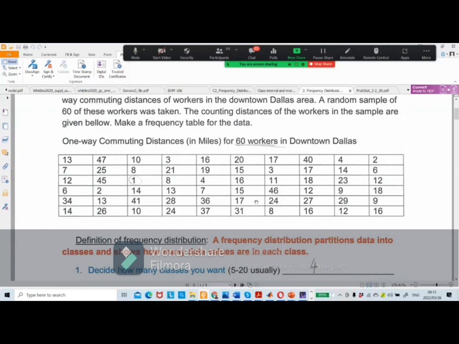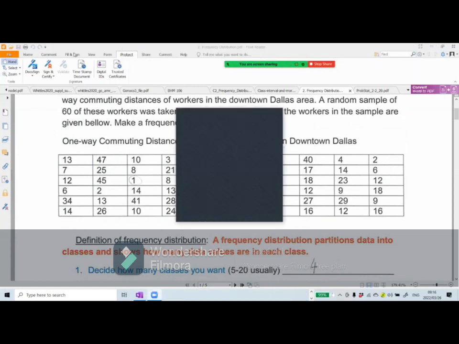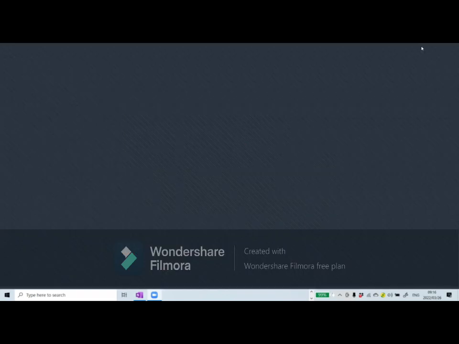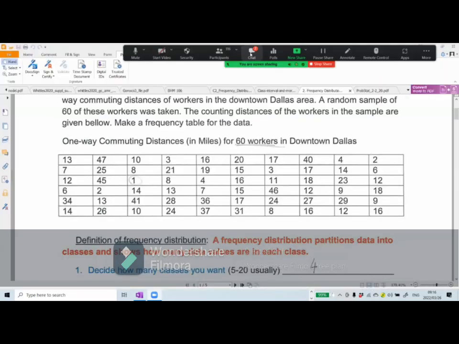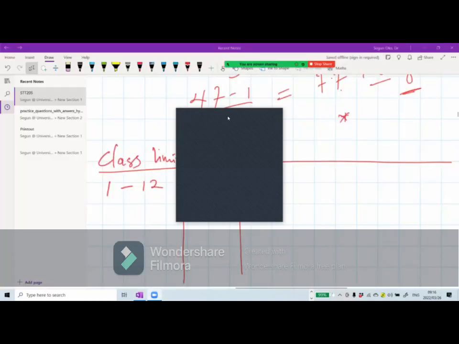Just take your time. One by one, asterisk them. Keep your own and put it on a chart.